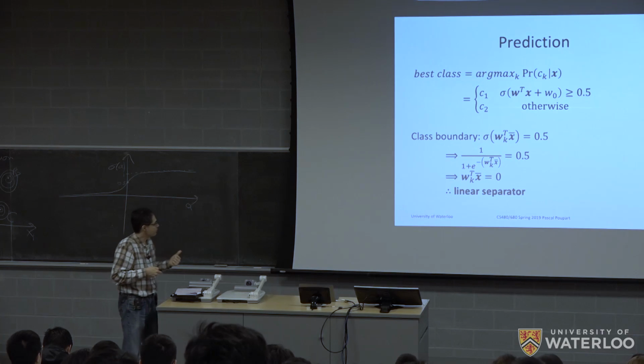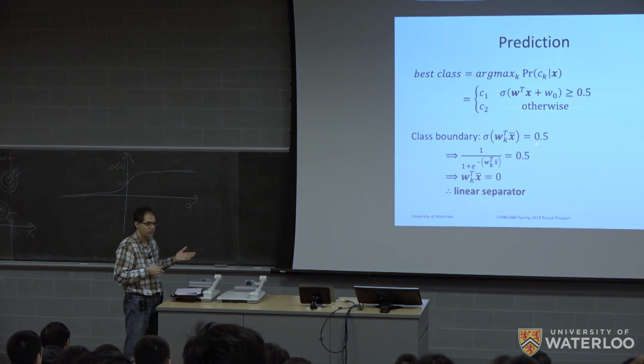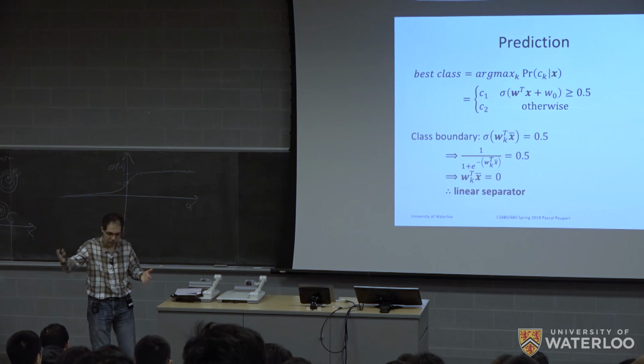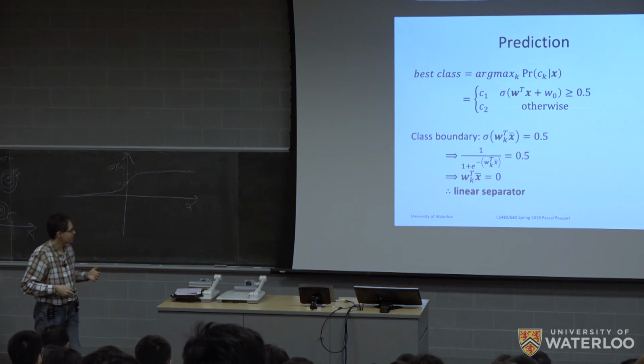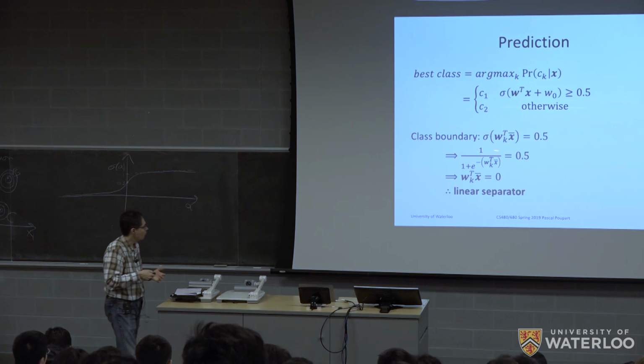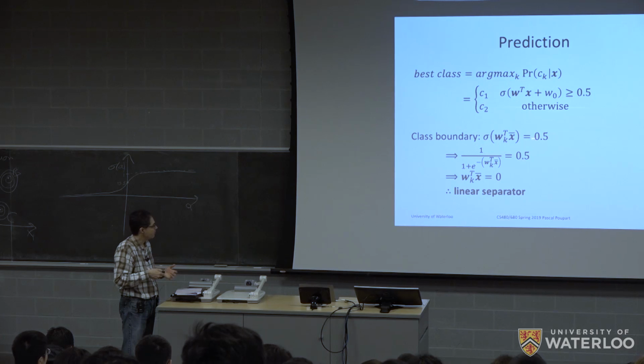Now, you could say that the class boundary happens to be precisely when the probability for each class is the same, therefore 0.5. So that's the boundary. On one side, one class is more likely. On the other side is the other class that's more likely. So when we're at 0.5, we can simplify this expression.